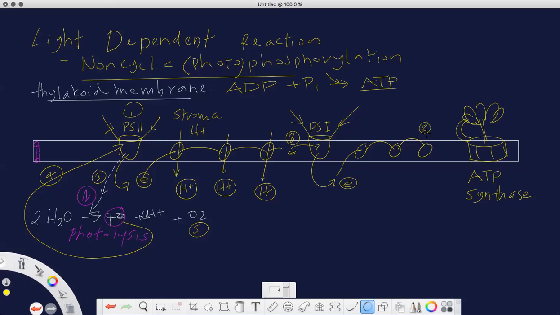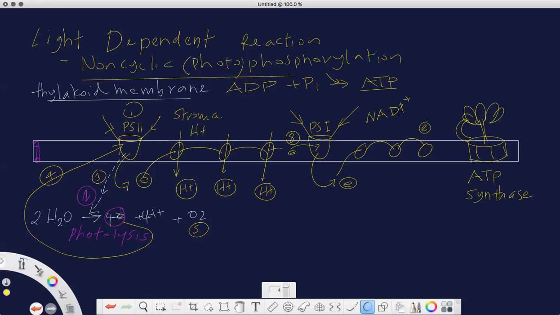Now this time these electrons are going to a different molecule, not a complex. This molecule is called nicotinamide adenine dinucleotide phosphate, NADP.